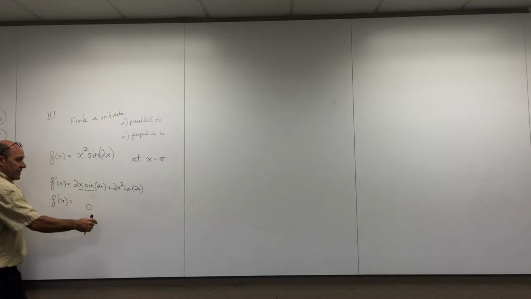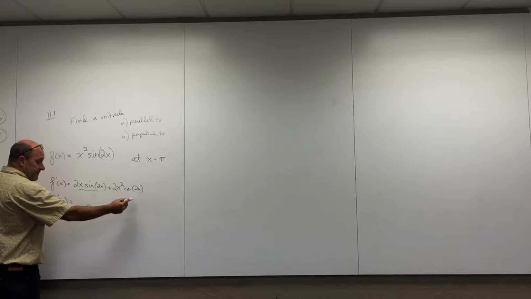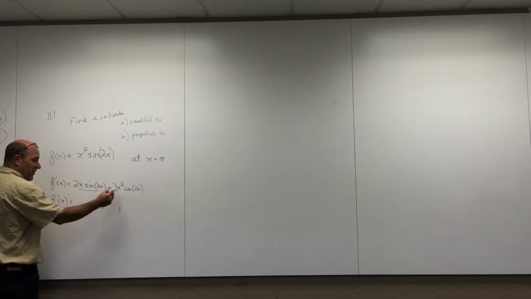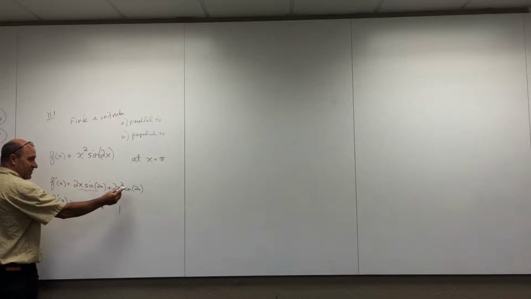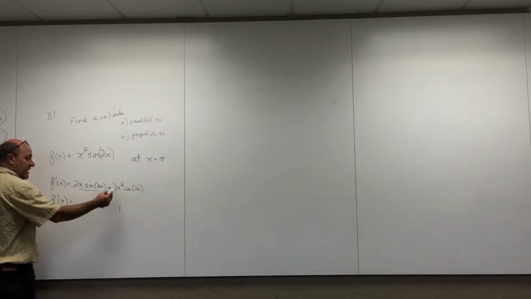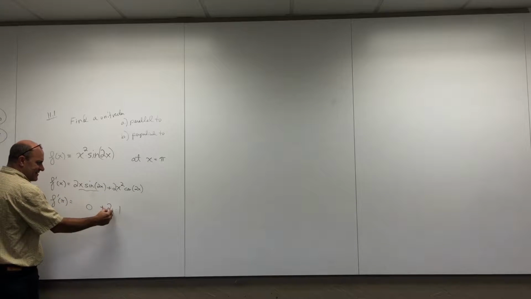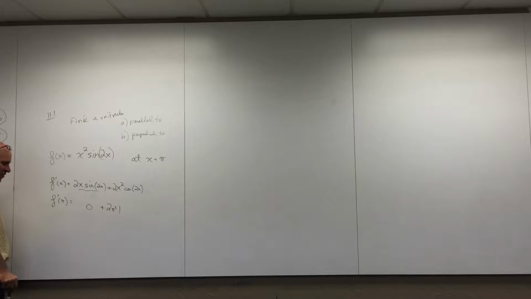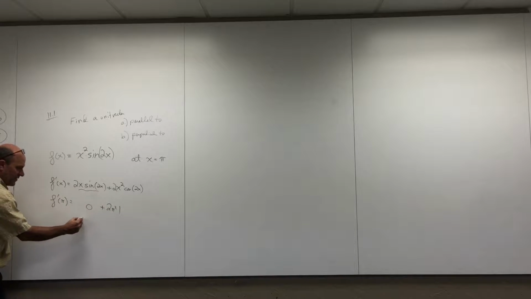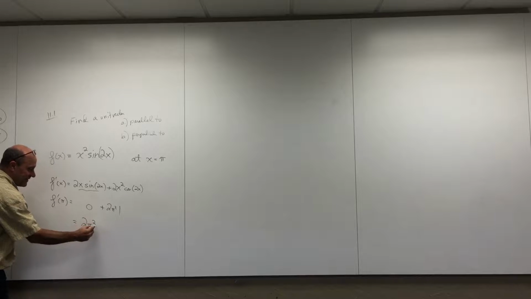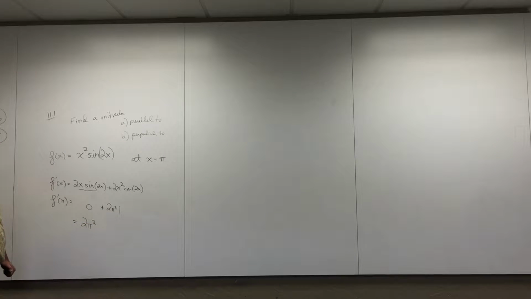And then the cosine of 2 pi is a 1, but I'm also plugging a pi in there. So this is kind of funny looking, but that's my slope: 2 pi squared. If I want to be exact, that's my slope. If I want to be approximate, I punch it in my calculator, and it's roughly 19.7, something like that.